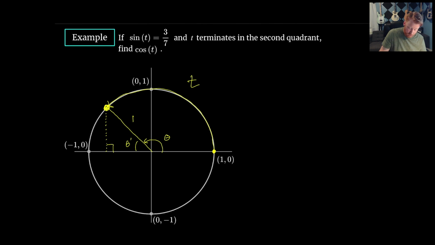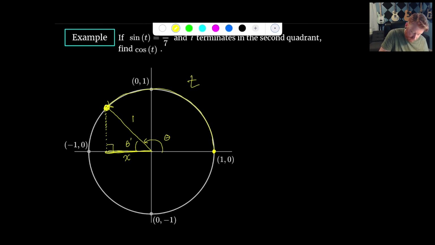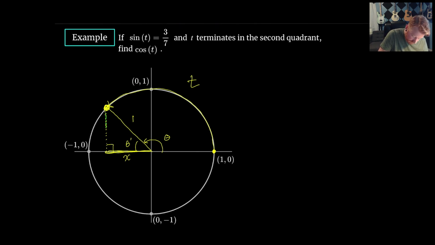But what we're looking at here is that the sine of t, which is the y value, so we've got an x value here, which is giving us this distance, and we have an associated y value, which corresponds to this side over here.